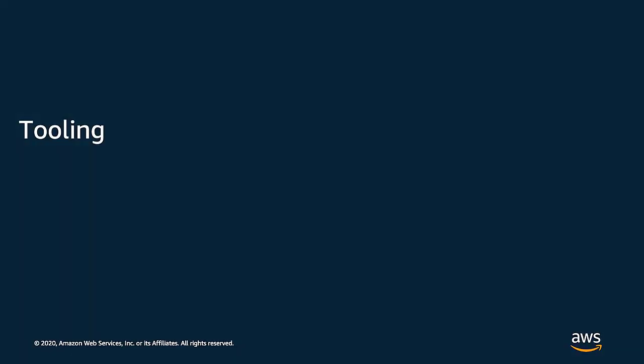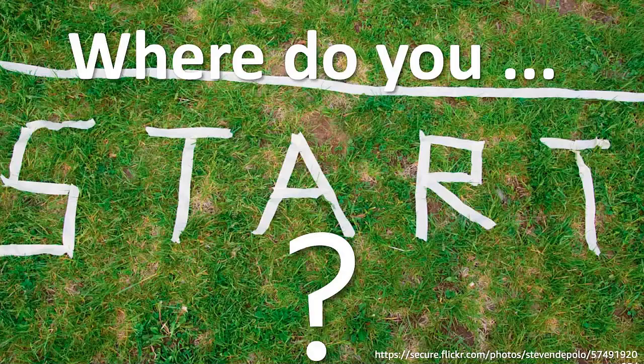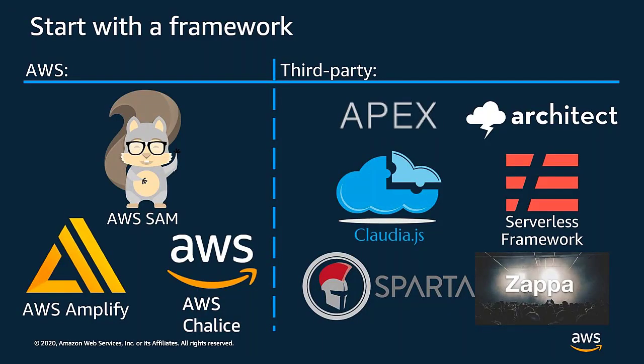So as you're building your web application with serverless, you'll want to take advantage of the tooling that's out there. There's a number of different ways to build. This tooling will help you decide, where do you start? Our recommendation to you is that you start with a framework. Which framework you choose is less important than actually choosing one.